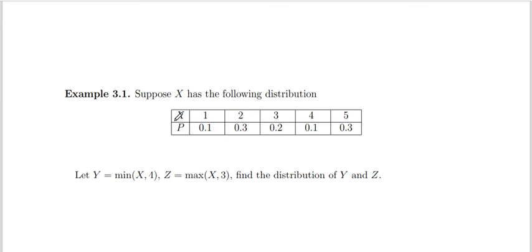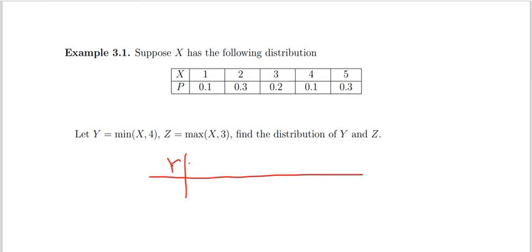We have this variable x, and we can define some new variables like y and z. So what is the distribution for y? y is the minimum of x and 4, so we just take the smaller one.